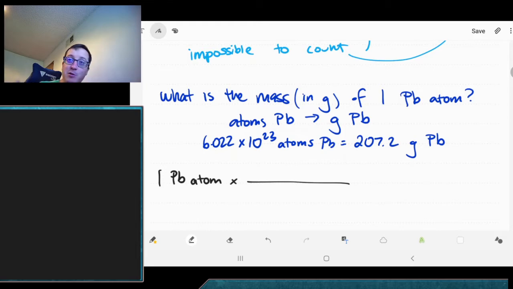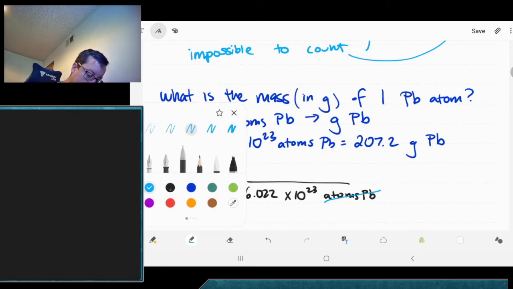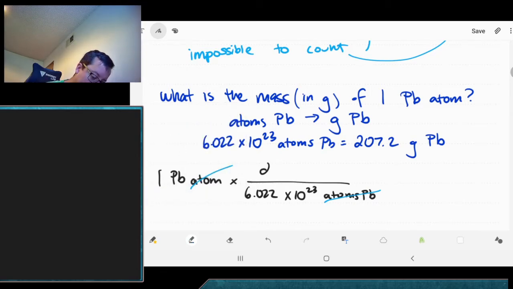We're going to need to put atoms of lead on the bottom, because we need atoms to cancel out. We need this to go away. We don't want that unit anymore. We want to have grams.